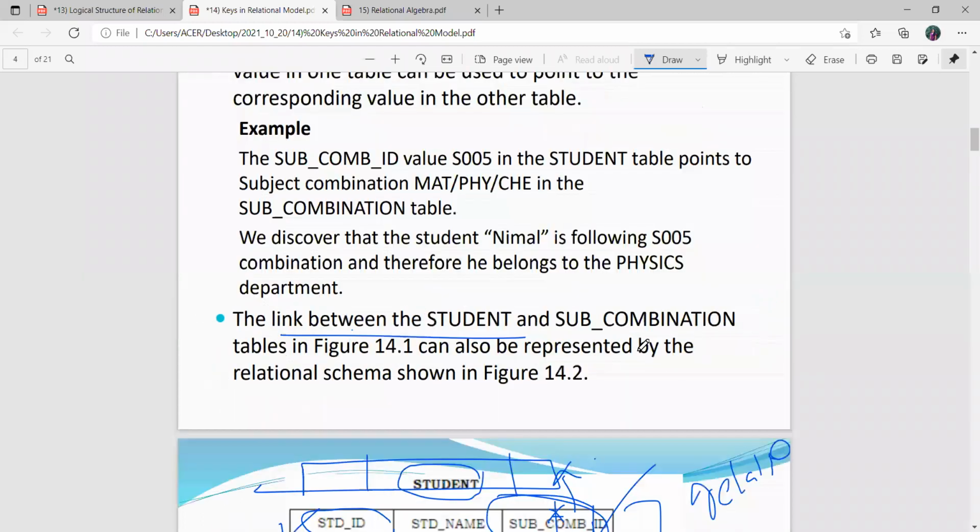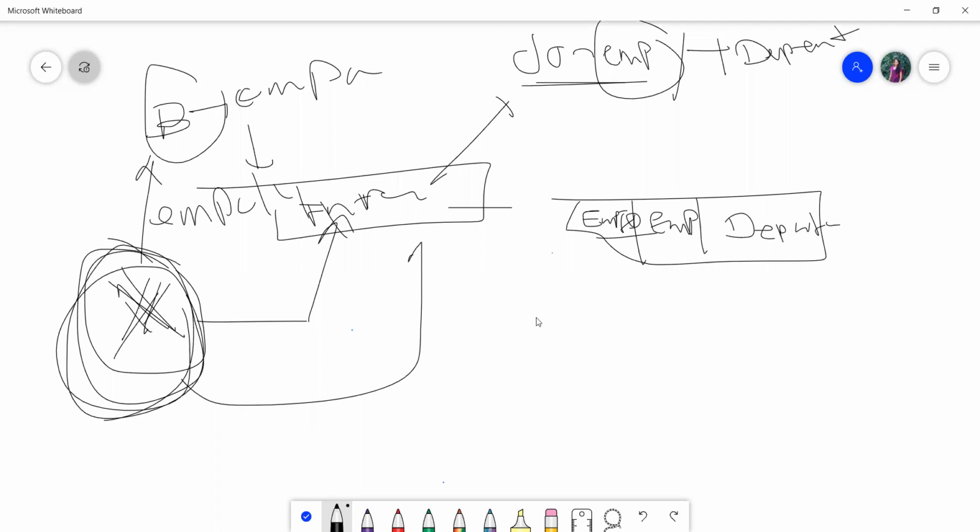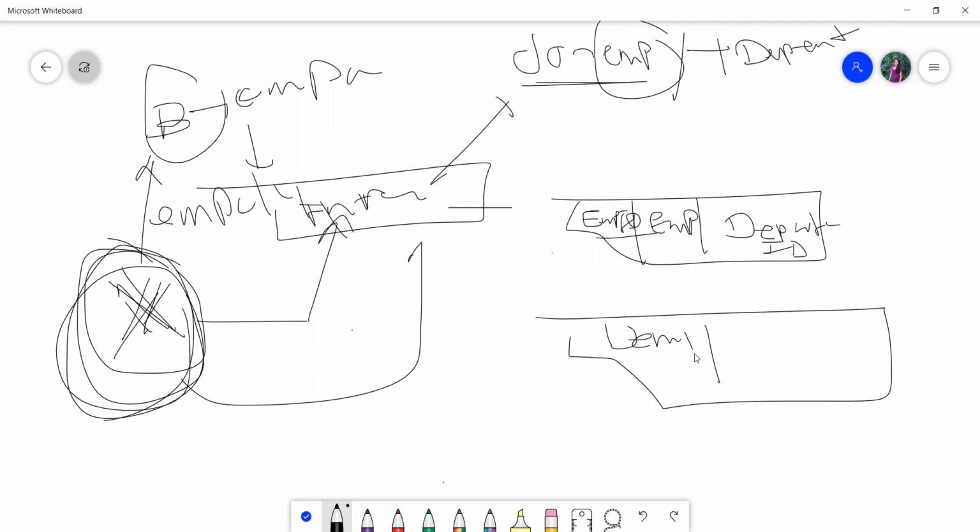Now I'm going to give you an example. There are two tables like this. What is the primary key of the employee table?